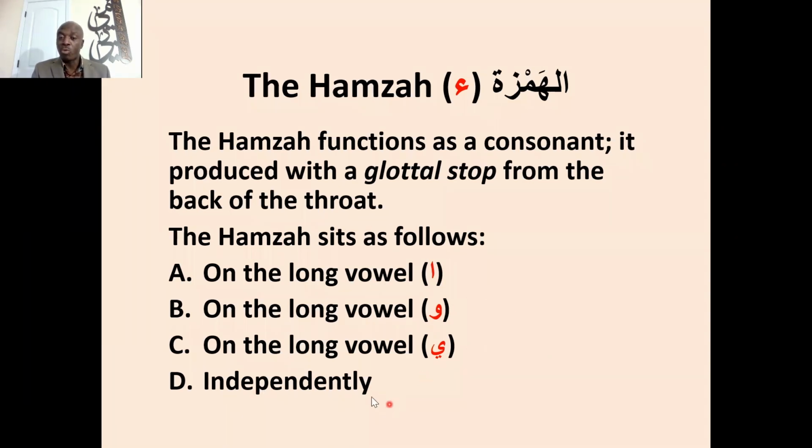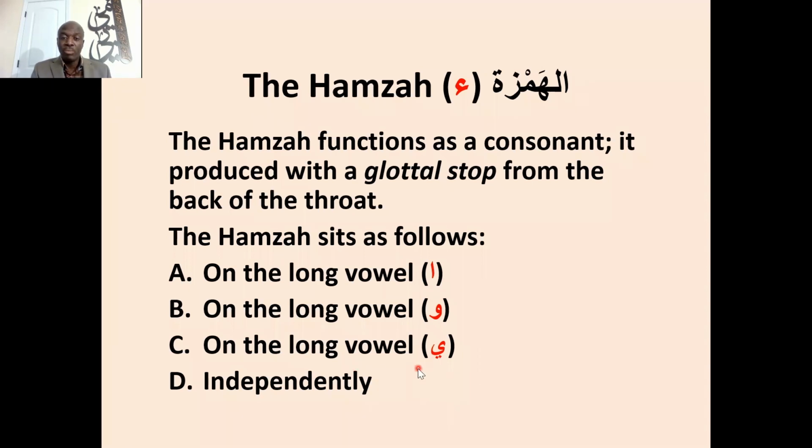At the beginning of the word, the Hamza has to sit on the Alif. When you start with the Hamza, Alif must be there in order to start that word. The Hamza will never sit on the Waw or on the Ya at the beginning of the word, but always sits on the Alif at the beginning.